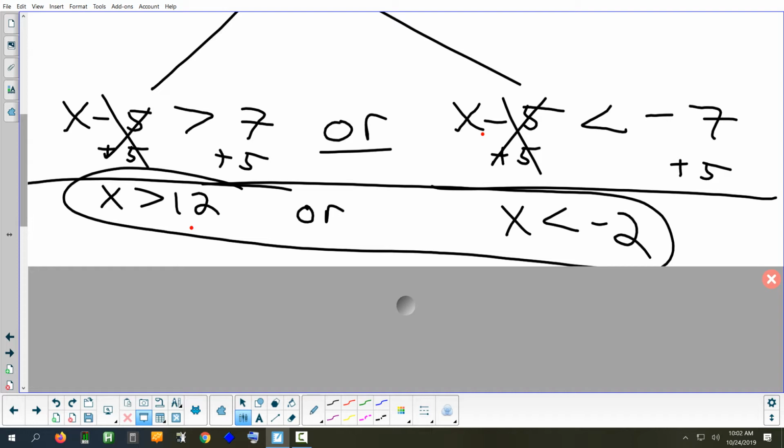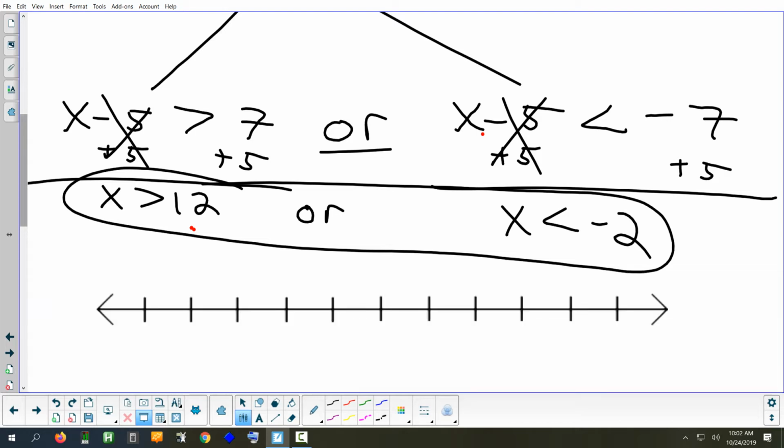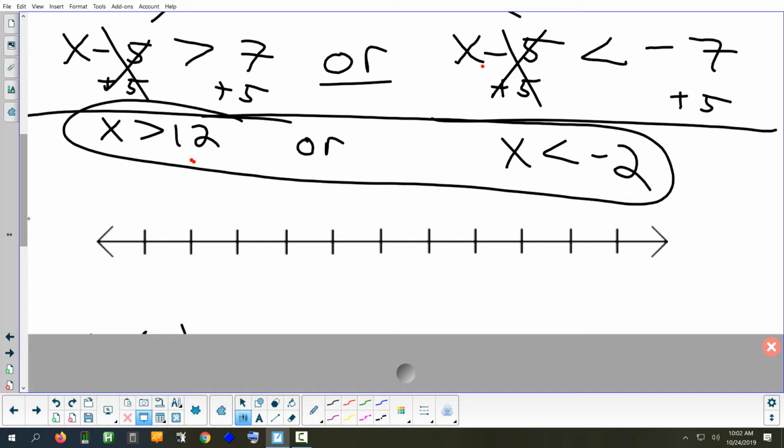When I graph it, what does an or normally look like? Going out, right? We shade opposite directions. So I'm going to number my number line. I'm going to go by 2s, otherwise I don't think I'm going to have enough space. Or you can just put 0, negative 2, and 12. You want to remember though, make sure when you number it, you're consistent with your scale.